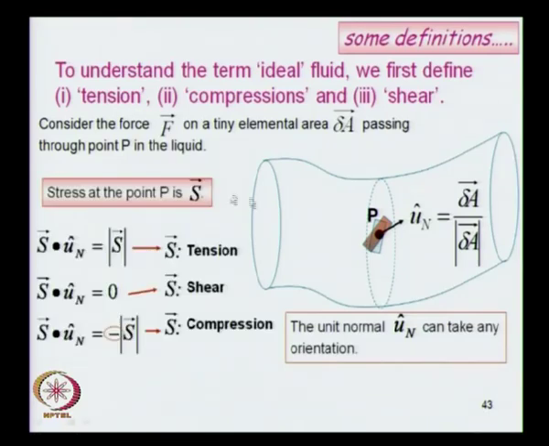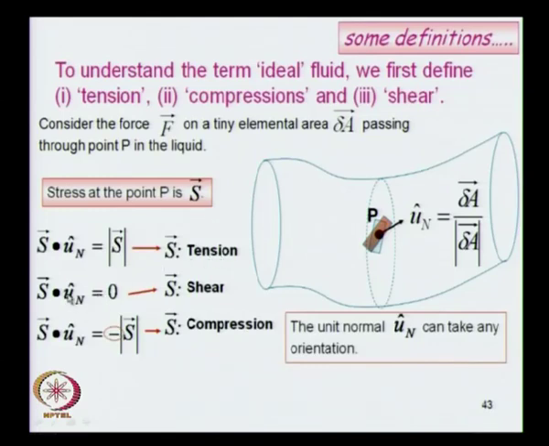The definitions are provided over here: if you consider the stress at any point P, and consider the component of the stress in the direction of the unit vector normal to a surface elemental area, then if it is equal to the magnitude of the stress, you say that the stress is tension.